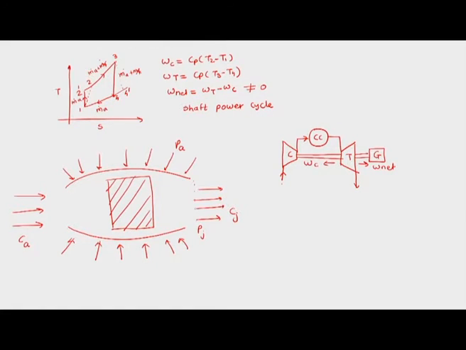So, whenever we draw a TS diagram, we draw for a constant mass flow rate. So, here the point is that we are going to leave this air. The velocity coming out of the turbine is almost equal to the velocity at the inlet to the compressor. Now we are interested in having a propulsion system. Since we are interested in a propulsion system, we want Cj to be the velocity of the jet coming out of the turbine.